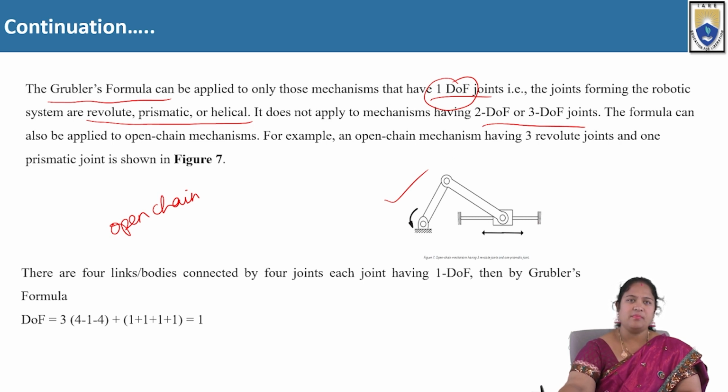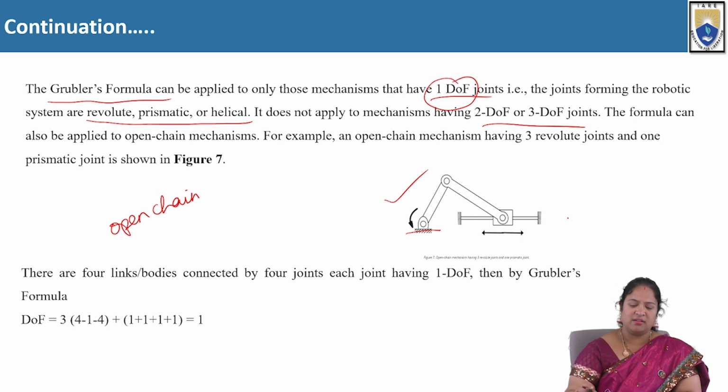Because we have one rigid link and the remaining are open, each having its independent rotation. Each and every joint has its independent rotation, not dependent on the other joints. That type of mechanism is called an open chain mechanism.